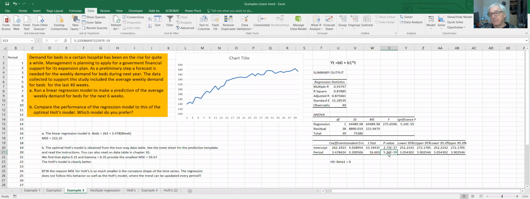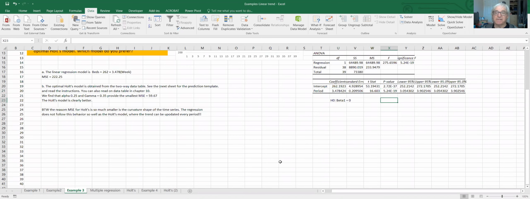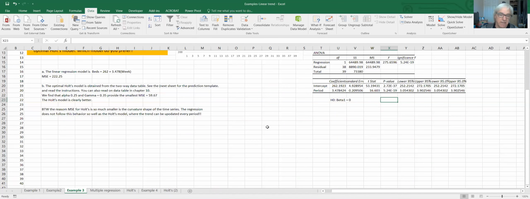In this case, the p-value is so small that you reject easily the null hypothesis. So beta 1 is not 0, and there is a slope, and therefore trend exists, and this number can be used. This is if you're asked to show that trend exists. In several questions that I asked you, it is always show that it's justified to use the linear trend model.